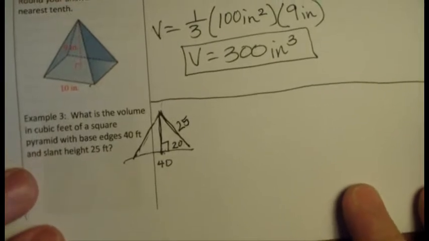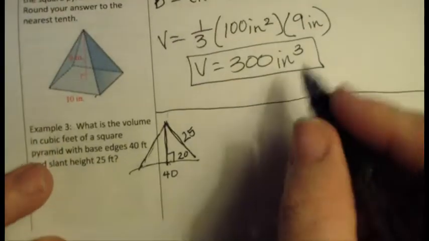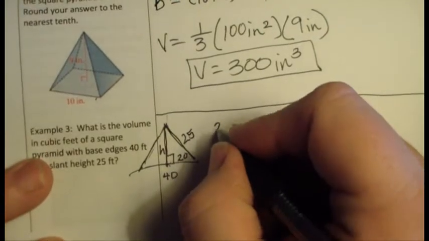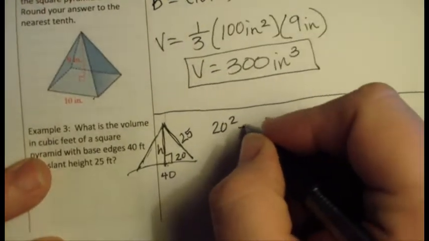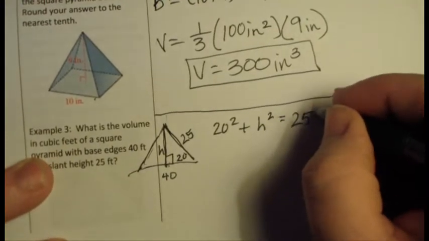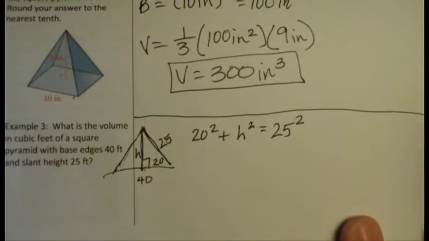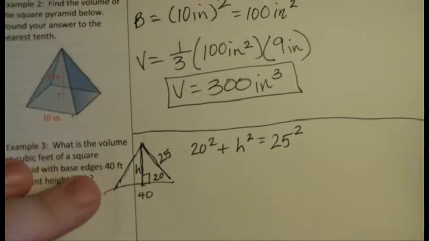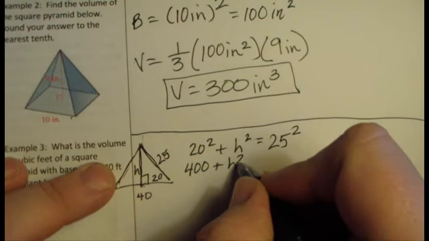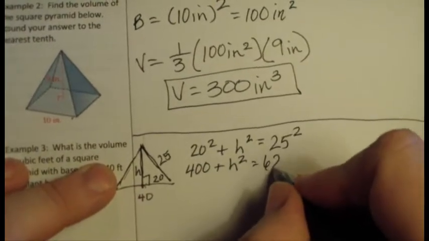And so again, since we've got a right triangle, we can use the Pythagorean theorem to figure out what our height is. So that's going to set up the equation 20 squared plus h squared equals 25 squared. So that's 400. That's 625.